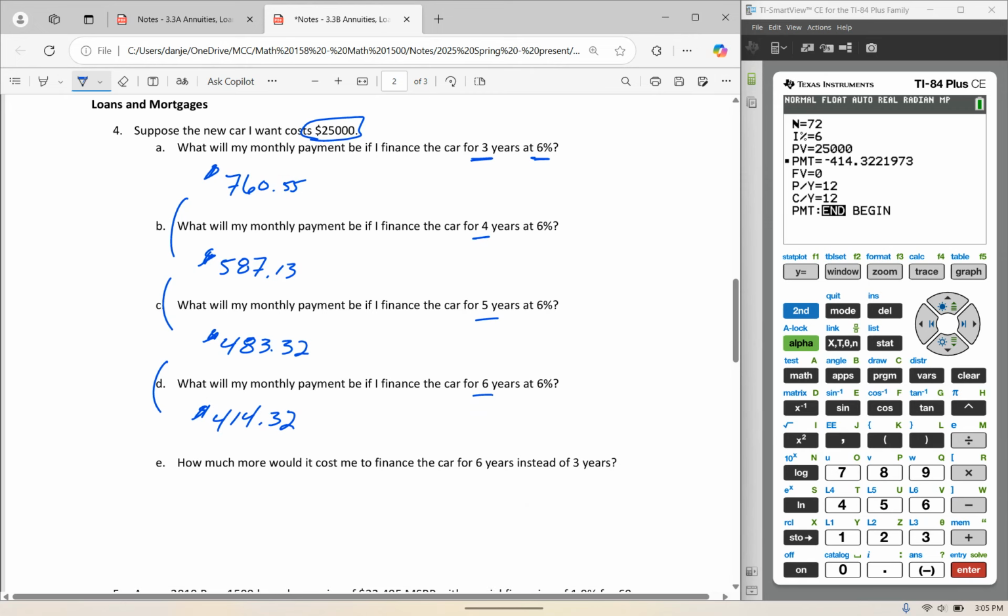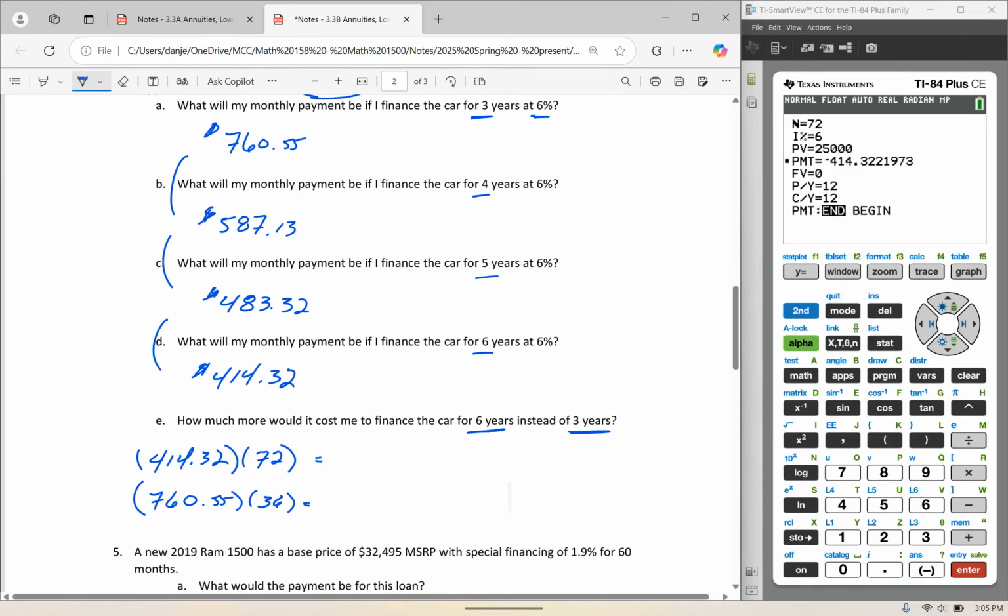So a question would be, how much more will you pay for 6 years as opposed to 3 years? To do that, what I'm going to do is I'm going to say I paid $414.32 for 6 years. That would be 72 months. If I finance the car for 3 years, that would be $760.55 for 36 months.